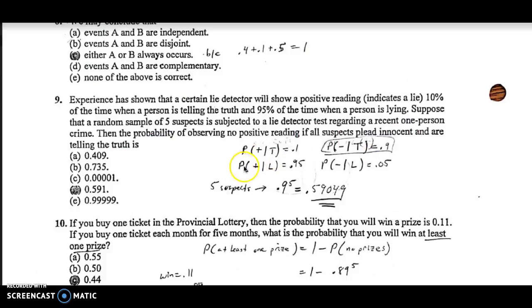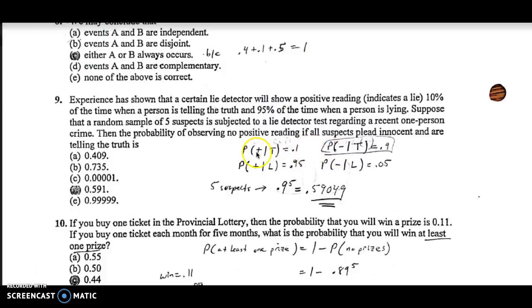So I made up a table here to find, based off what it was given, it says the probability of a positive reading, given that they were telling the truth, is 0.1. That's from the 10%. The probability of it being positive when they were lying, that's another value that was given from the problem, is 95%, so 0.95.